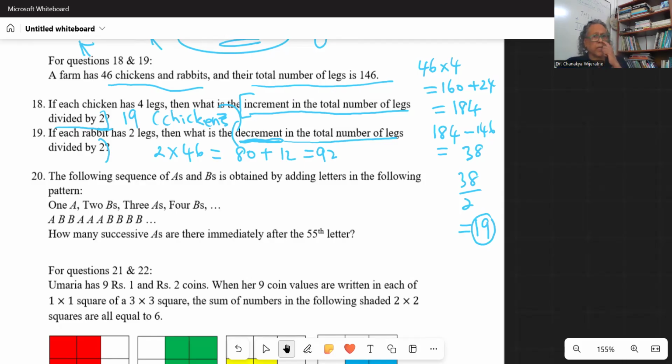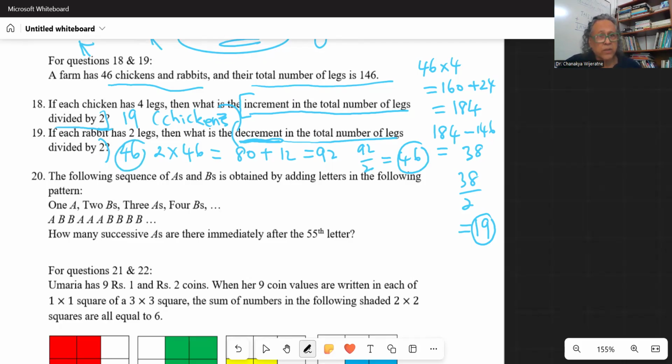And 92 divided by 2 is 46. So the answer is 46, and this is the number of rabbits, because the number of legs decreased as the rabbits stood up on 2 legs and we did not count the other 2 legs. When we divide by 2, we get the number of rabbits. So 46 rabbits. Now we can check.